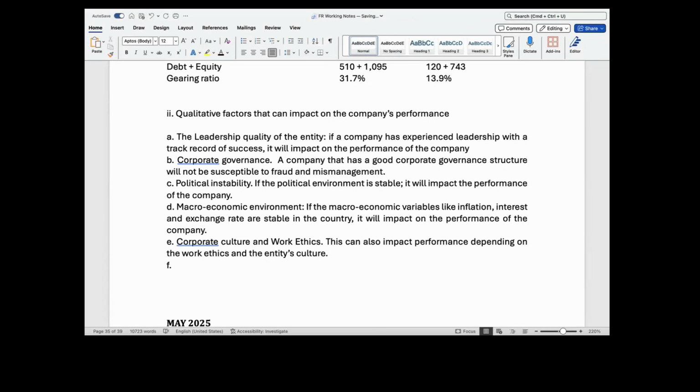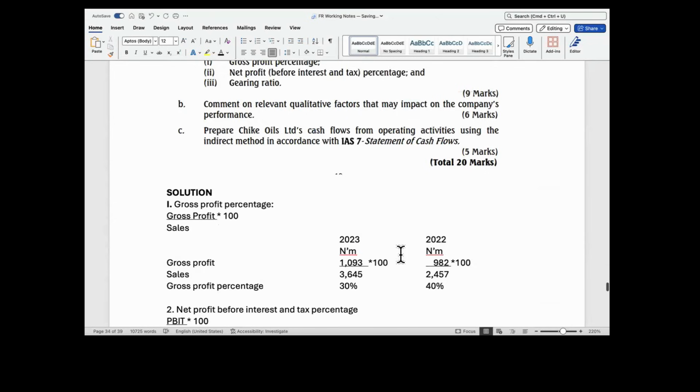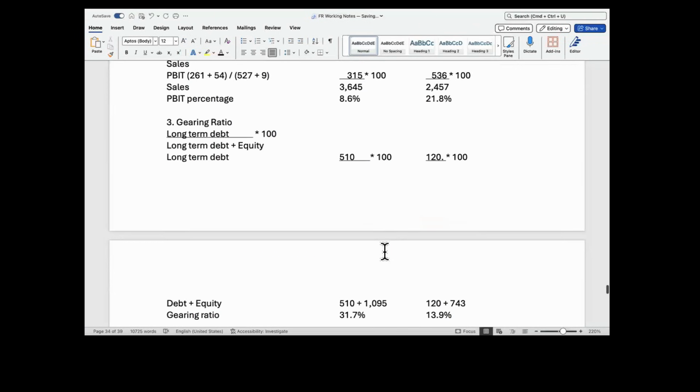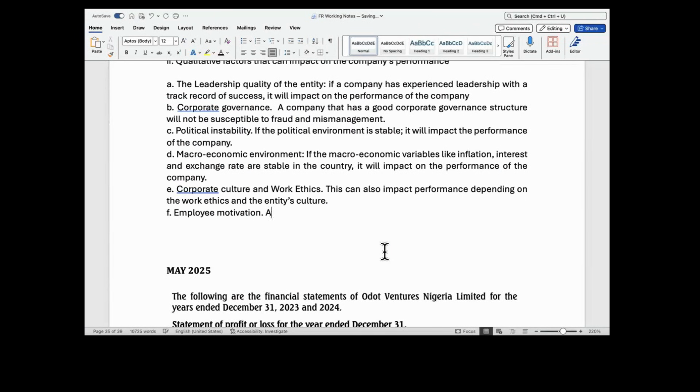Another one is employee motivation. A company whose employees are highly motivated would have good performance.